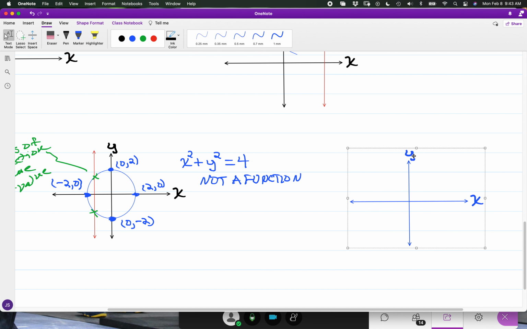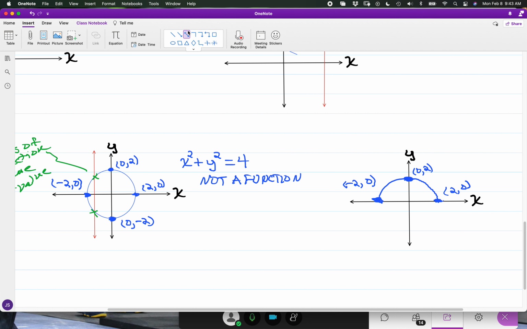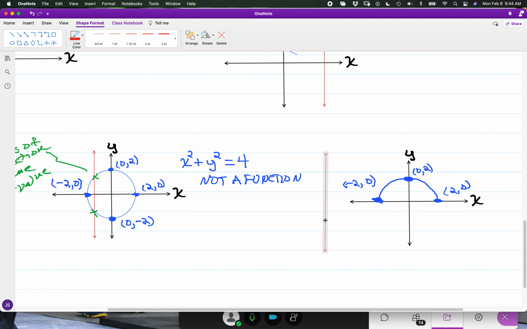So, taking what we have and sketching, if I took the upper half of what was this circle, you have intersection at most 1 point.